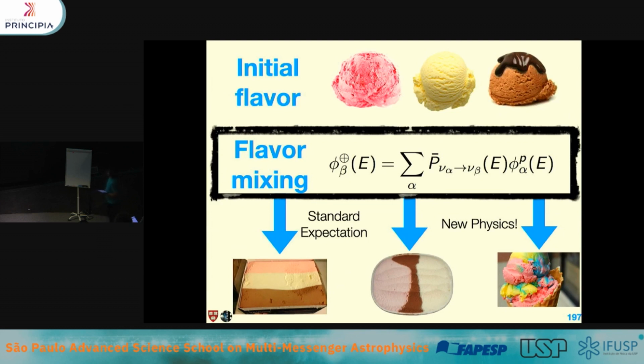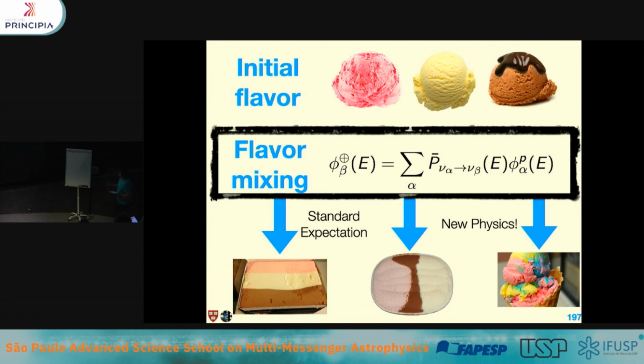So the game is the following. You have some initial flavor composition. It's unknown, but we think it's probably pion. And then there's going to be some flavor mixing. This is given by this equation, which we derive in the standard model case. I will show you how to derive it in an arbitrary case. And then there is some production at the source, which may be this pion scenario or muon damping scenario.